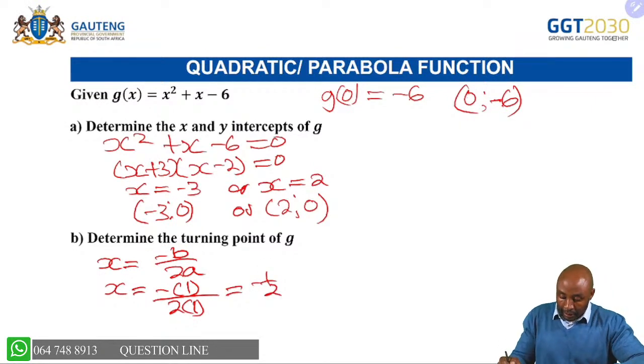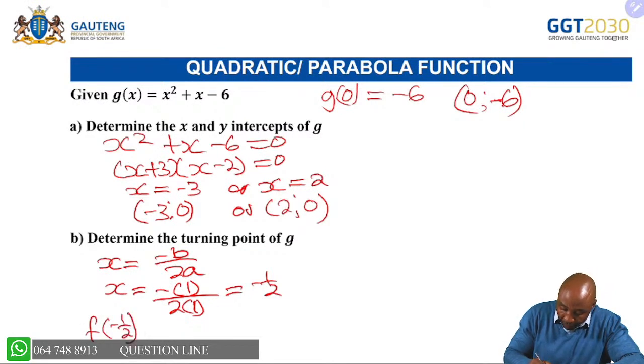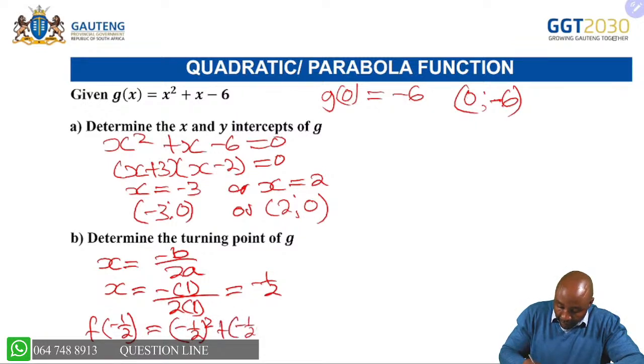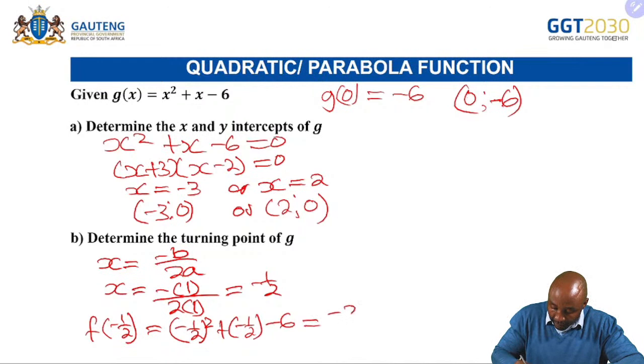To get the corresponding Y value at the turning point, let's use our calculators. F of negative half, because our X is negative half, and that will give us negative half squared plus negative half minus 6. Punch the calculator, the answer should come out as negative 25 over 4.